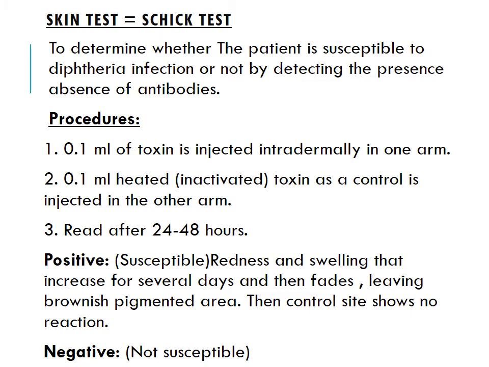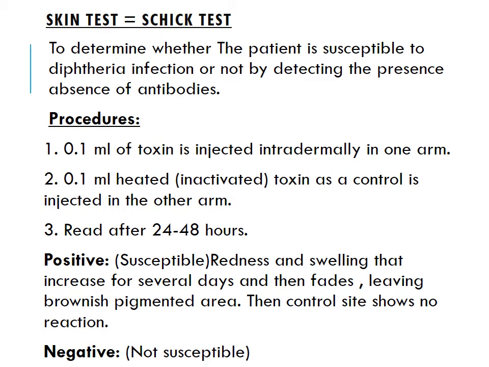Skin test, also known as the Schick test, determines whether the patient is susceptible to diphtheria infection by detecting the absence of antibodies. Procedure: 0.1 ml of toxin is injected intradermally in one arm. 0.1 ml of heat-inactivated toxin as a control is injected in the other arm.